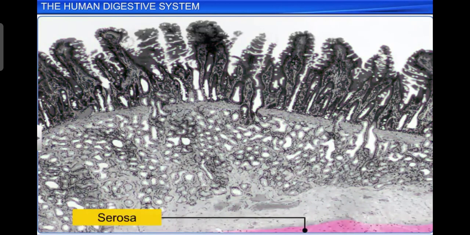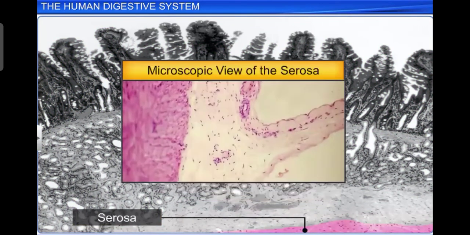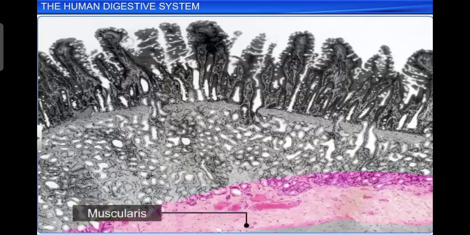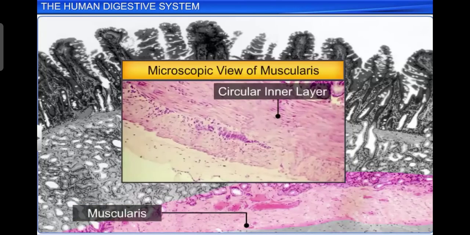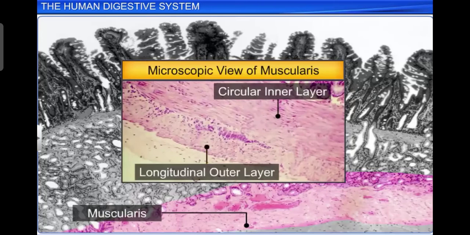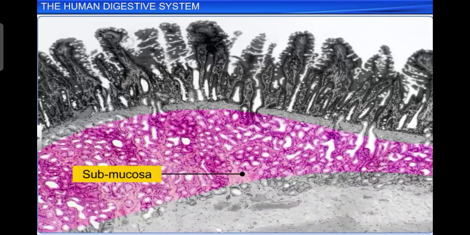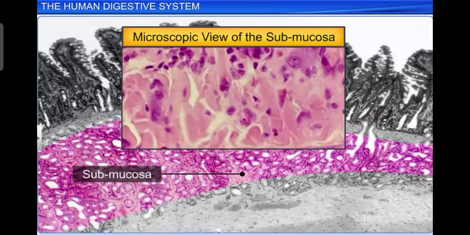The serosa is the outermost layer and is made up of a thin mesothelium, that is epithelium of the visceral organs, with some connective tissues. Muscularis is formed by smooth muscles usually arranged into an inner circular and an outer longitudinal layer. An oblique muscle layer may be present in some regions.